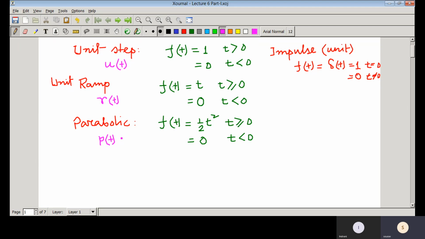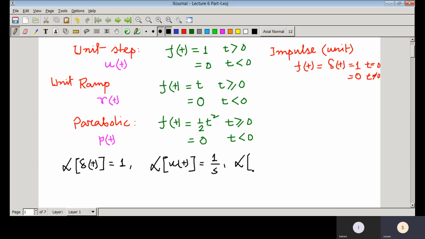So what would be the Laplace transform of those standard signals? The Laplace transform of delta(t) equal to 1. You know all of those things; I am just recapitulating what you studied in signals and networks. The Laplace transform of the unit step is 1 by s, where s is the Laplace variable.